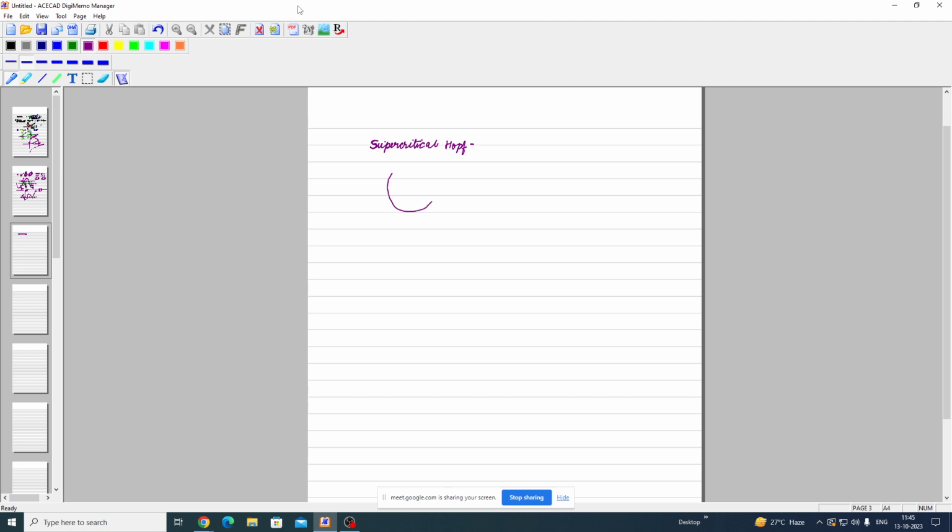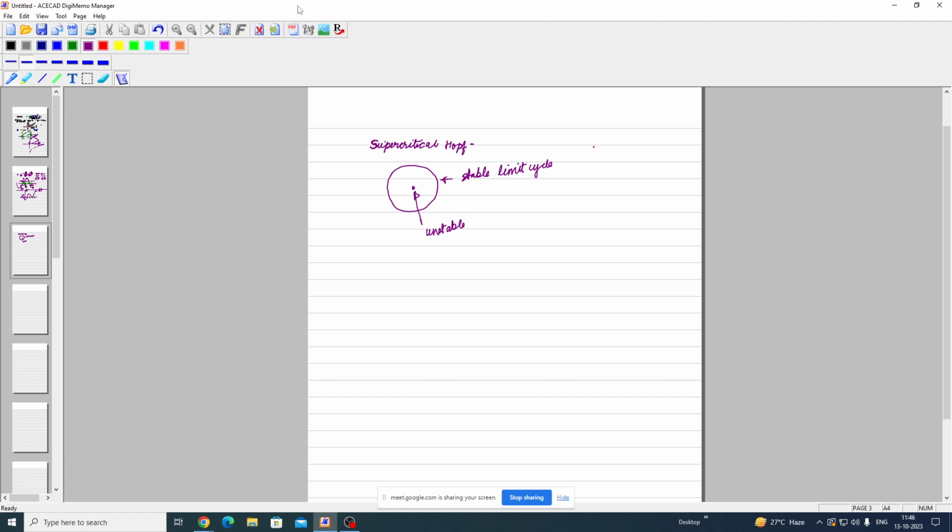So, let's say this is a stable limit cycle. Yeah? And there is an unstable fixed point here inside the stable limit cycle. Then we are dealing with the supercritical Hopf.